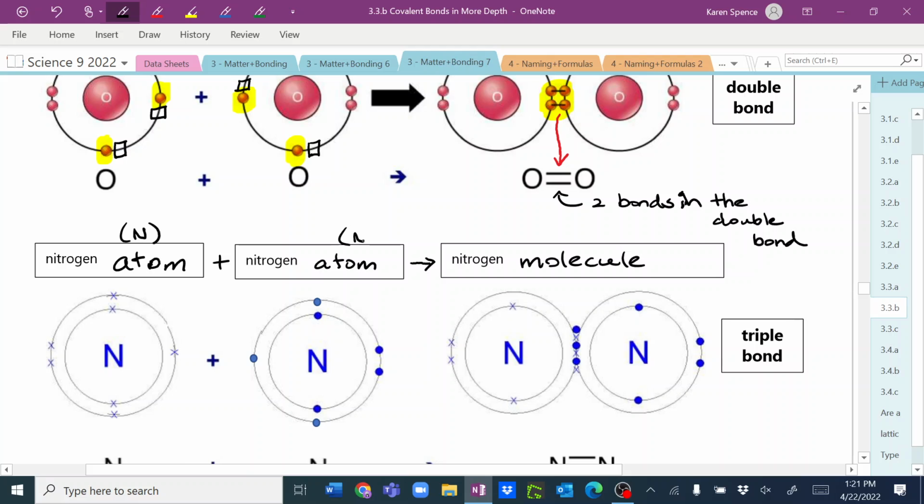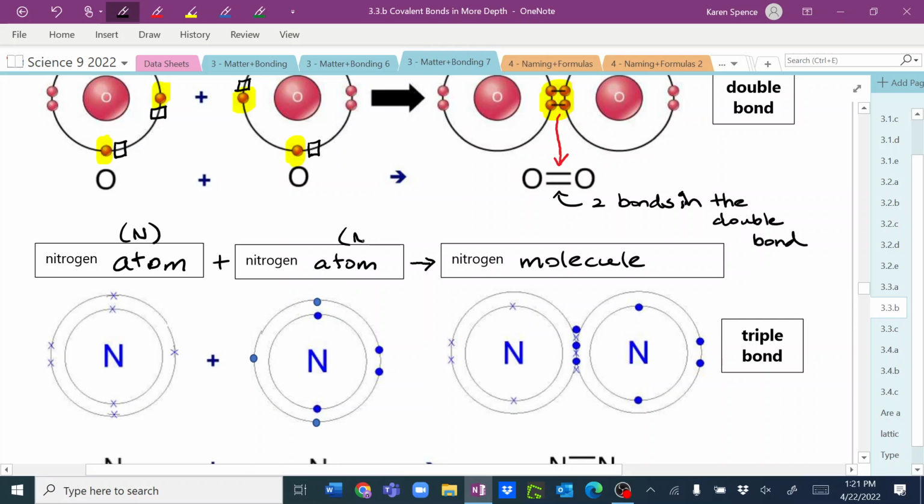And how many holes in nitrogen? 3, 1, 2, 3. So they have to share 3 electrons with each other, which means if we have 3 holes, how many bonds do we have? 3. So we've got 1 pair, 2 pairs, 3 pairs. That gives us our triple bond there.